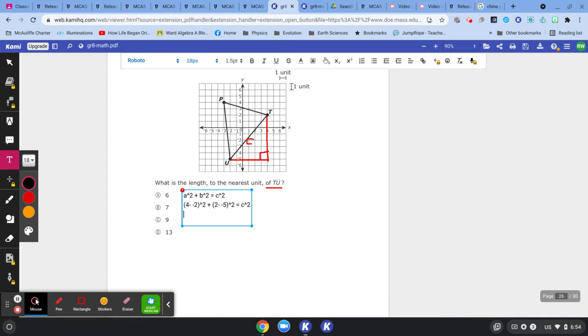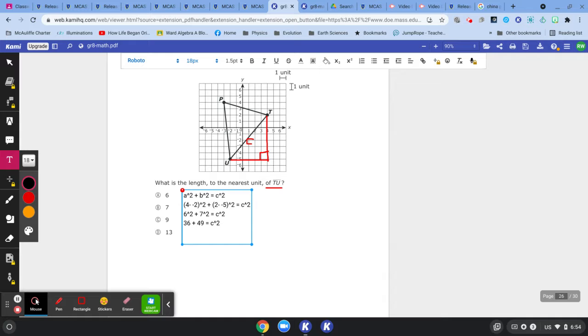Oh, it changed my point size on me again. So that's 6 squared, and then 2 minus -5 is the same as 2 plus 5, so that's 7 squared, and that all equals c squared. So that's 36 plus 49, because 6 squared is 36 and 7 squared is 49, and that equals c squared.